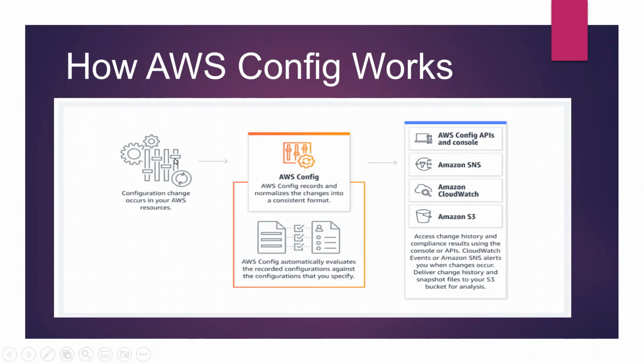Once AWS Config generates the configuration item, it creates a new one when the configuration of a resource changes, and it also maintains a historical record of the configuration items of our resources from the time we start the configuration recorder. By default, AWS Config creates a configuration item for each supported resource in each region.